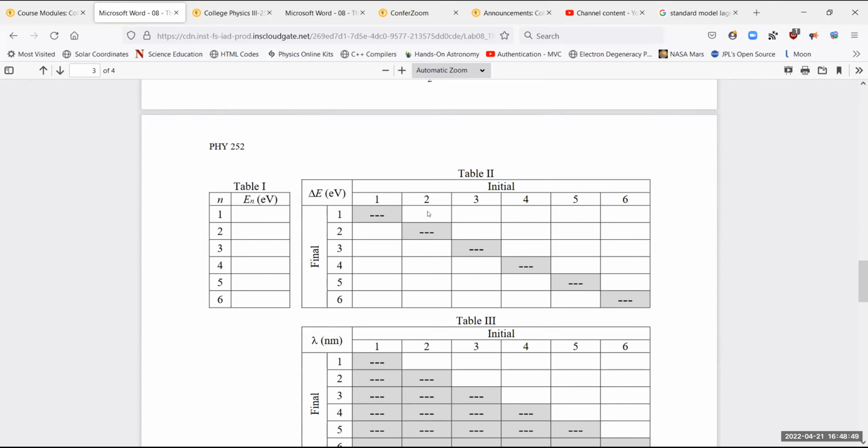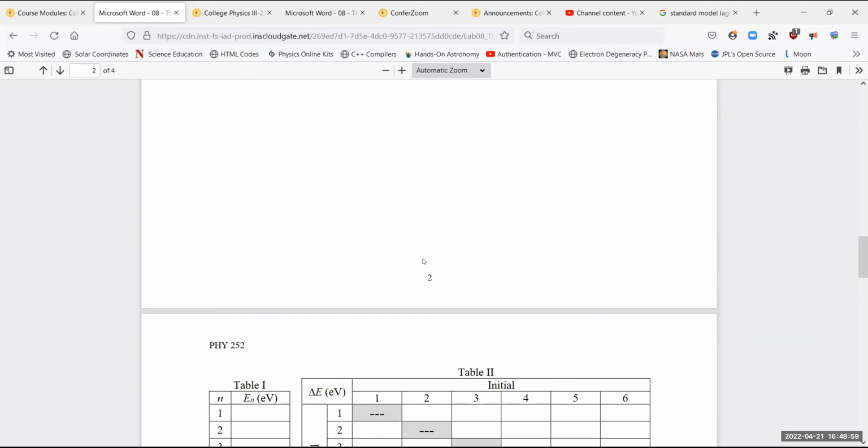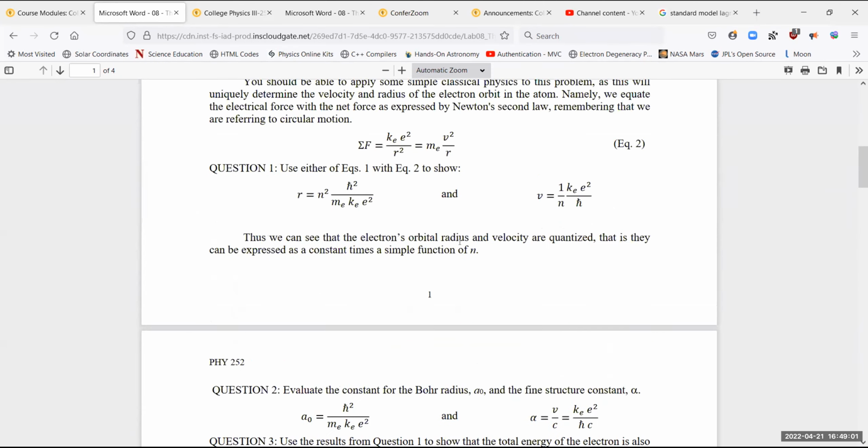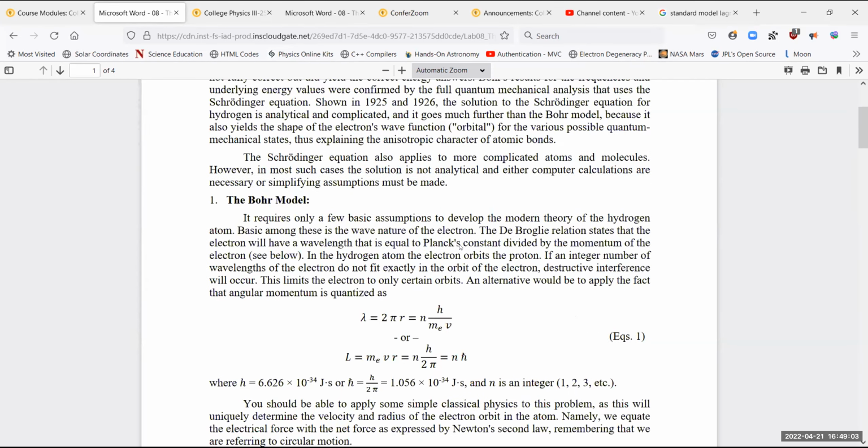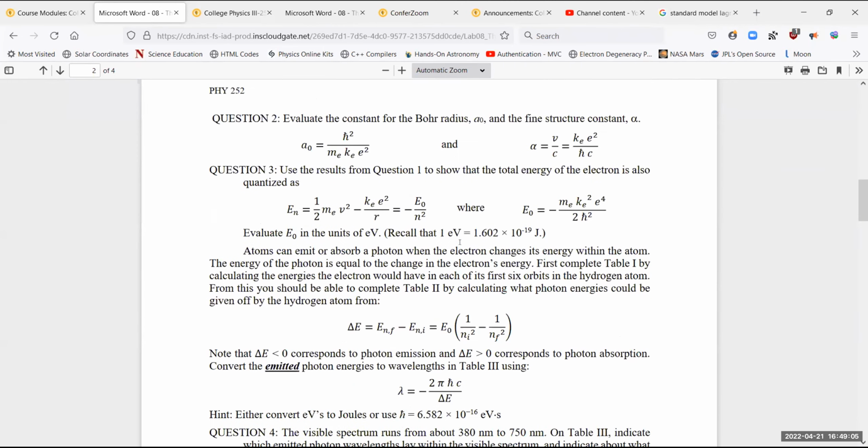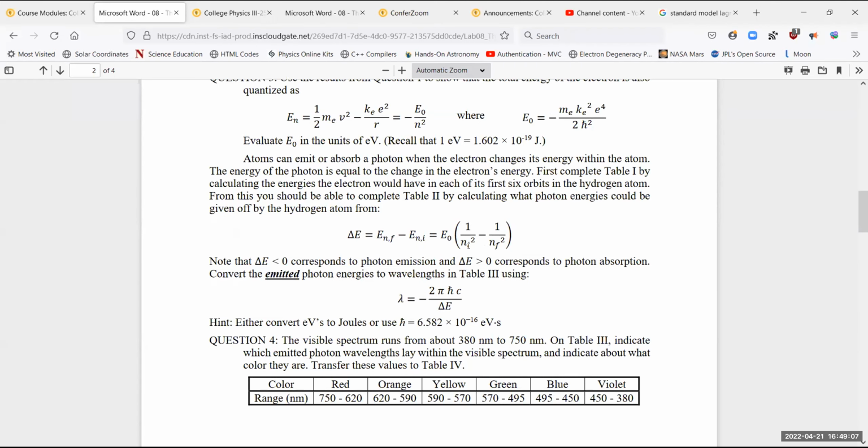So if your initial is 2 and your final is 1, so from 2 to 1, so replace 2 for initial. For the initial is 2, so this will be 2 squared, and the final is 1. So 1 over 2 squared minus 1 over 1 squared, and that is going to be delta E, and the number is going to be negative.